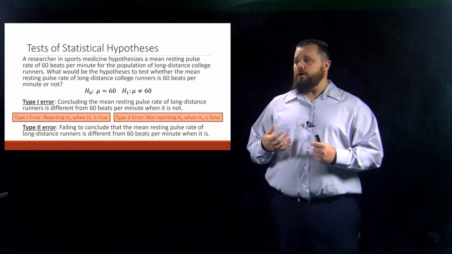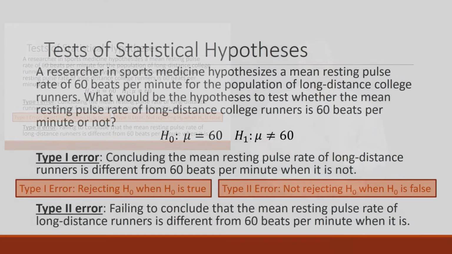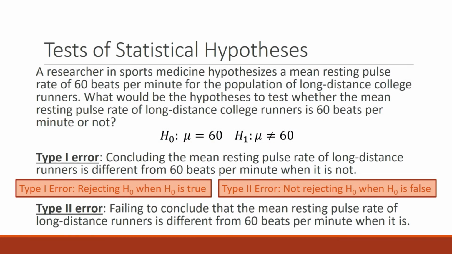A type 1 error means you reject the null when the null hypothesis is actually true. So in the context of this problem, a type 1 error would be concluding that the mean resting pulse rate of long-distance runners is different from 60 beats per minute, when in fact it actually is not. So again, type 1 error, rejecting the null when the null is true.